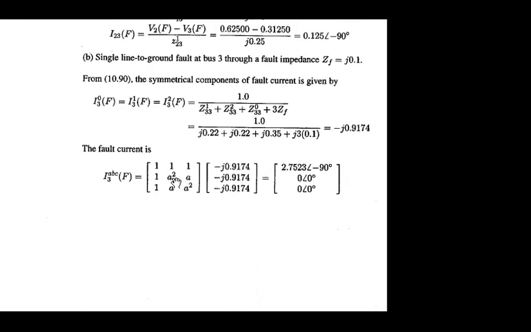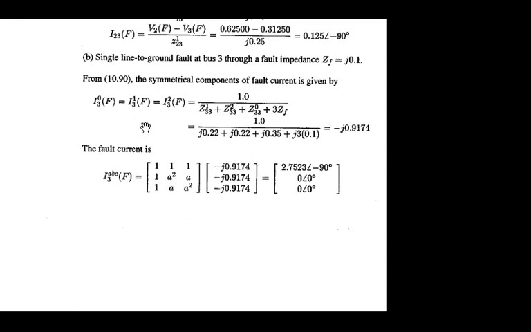And this is in terms of which domain? The 0, 1, 2 domain, because impedances are in the 0, 1, 2 domain, so your current should also be in the 0, 1, 2 domain. But our objective is to determine fault current in which domain? ABC domain, right? So for the ABC domain, you have to multiply by the A operator.